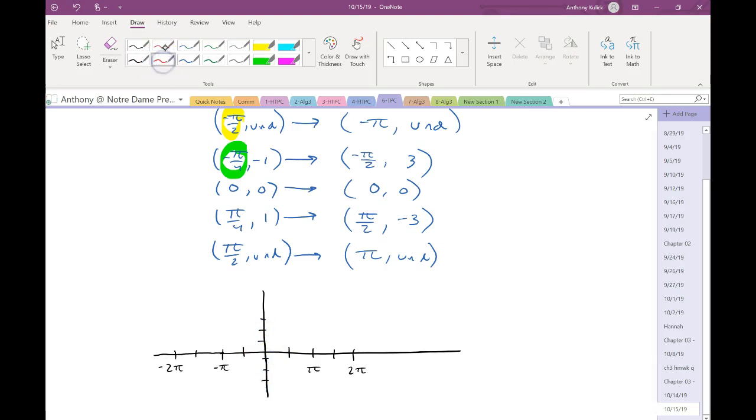Okay. So the first thing I'm going to draw in are my two asymptotes. So negative pi, undefined, so vertical asymptote always. Positive pi, undefined. Everybody's okay there?